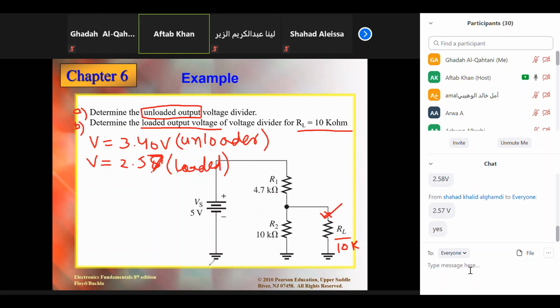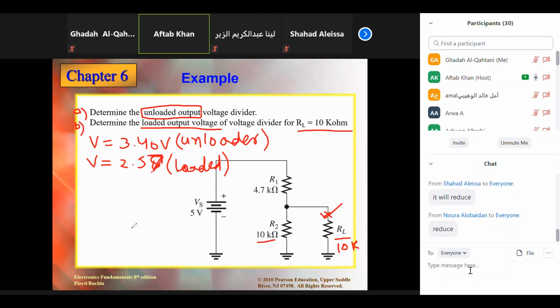And you know that whenever two resistances are in parallel, the overall resistance will reduce, or not? When resistances are in parallel, the total resistance reduces. Because you can see both are 10K, 10K.